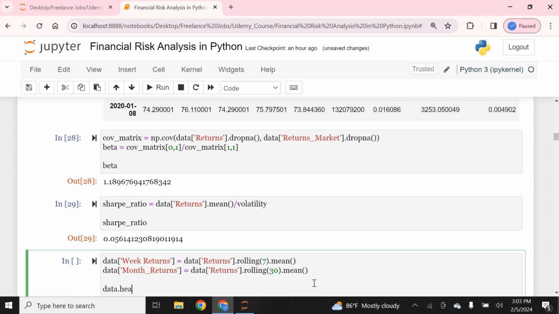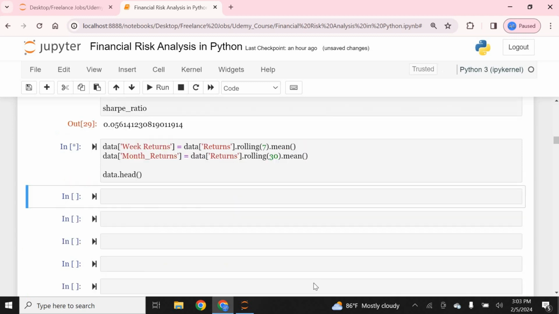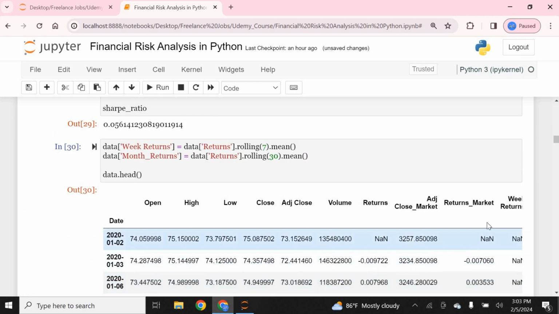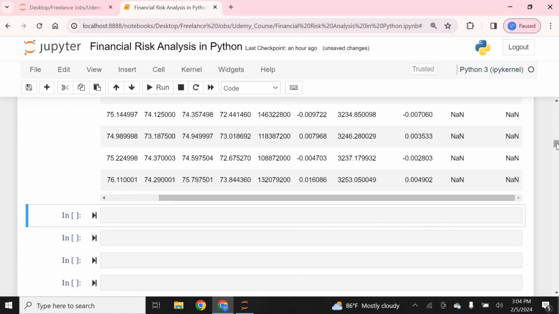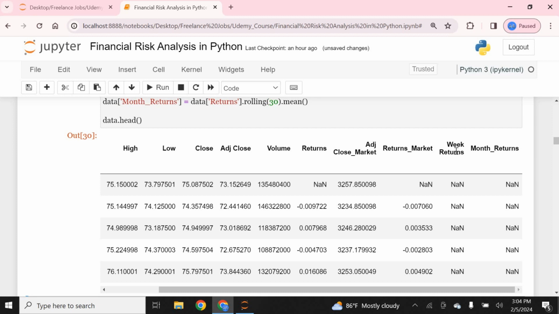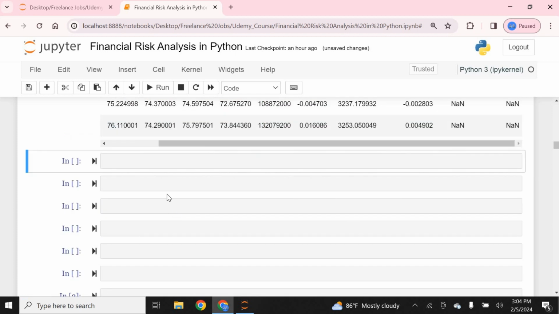So let's see what we have in the data now. Now we have additional data, which are weekly returns and monthly returns.